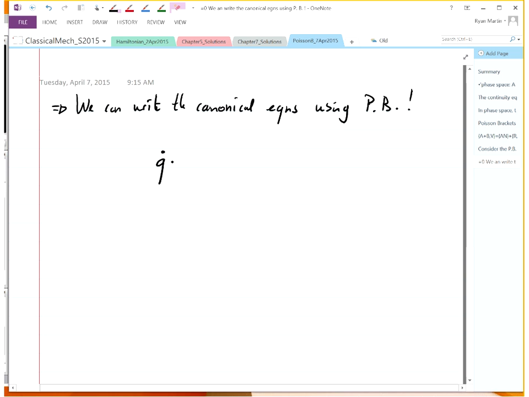So in particular, the time derivative, well, let's use i this time. The time derivative of qi is given by the Poisson bracket of qi with H. And the time derivative of pi, pi dot, is given by the Poisson bracket of pi with H.